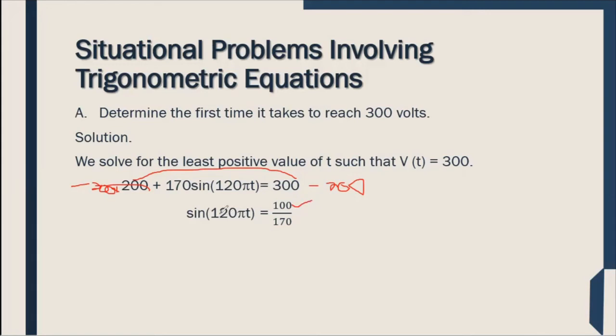Okay? Next, doon naman sa 170 sine 120 pi t, pwede natin siyang i-divide sa 170, yung nasa left, at yung nasa right naman ay over 170. So, mae-eliminate na ngayon yung nasa left na 170 at mapupunta na siya sa right side. 100 over 170. Okay?